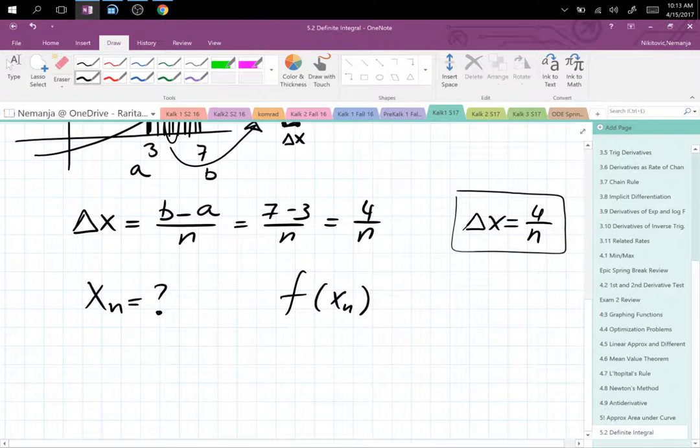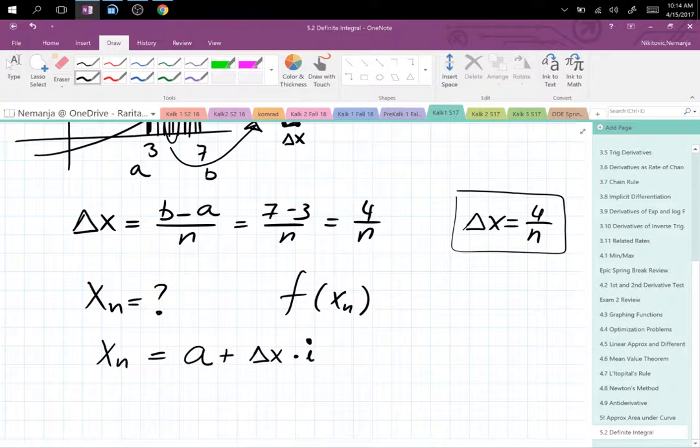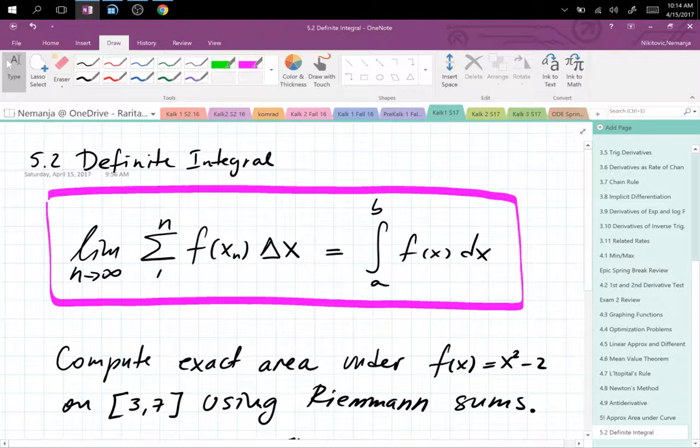How do I deal with that? Well, all of these x values will be a plus delta x times some counter i. This is not the complex i. This is just the counter, right? Ooh, now I see the issue. i goes from 1 to n, and this is x_i.